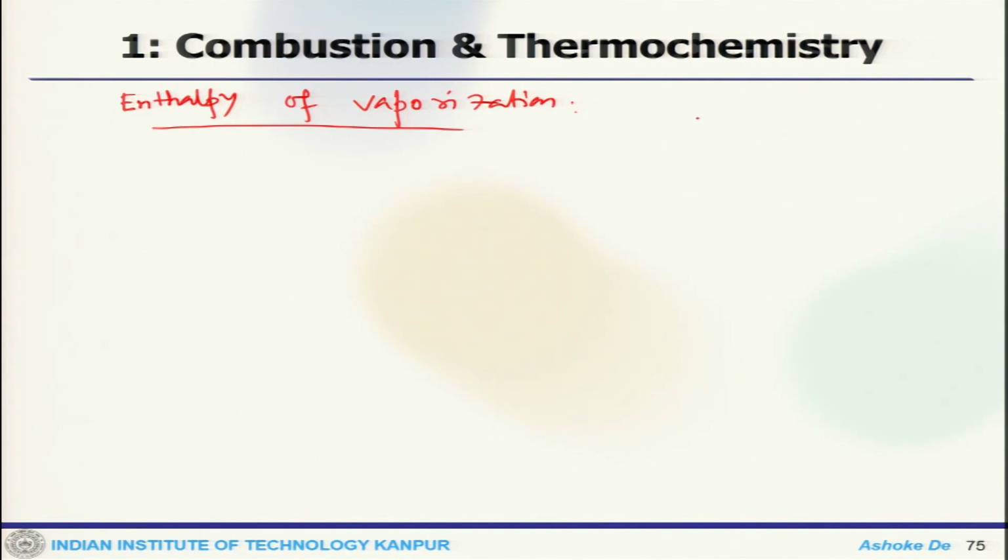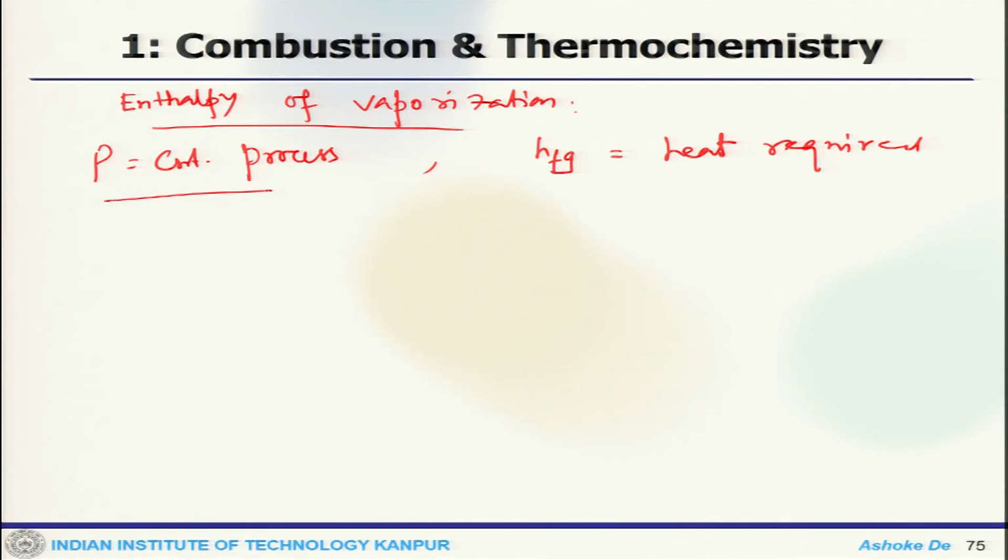So, for example, let us say P is constant, a constant pressure process, then hfg would be the heat required. So, that is the heat required to completely vaporize a unit mass of liquid at a given temperature. So, this is a constant pressure process, and hfg is the amount of heat required to completely vaporize a unit mass of liquid at a given temperature.